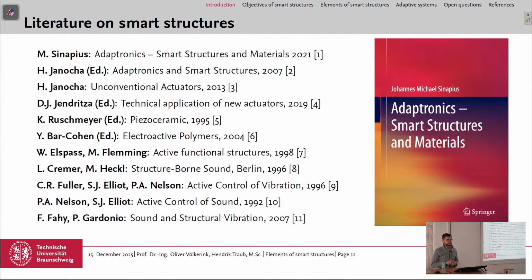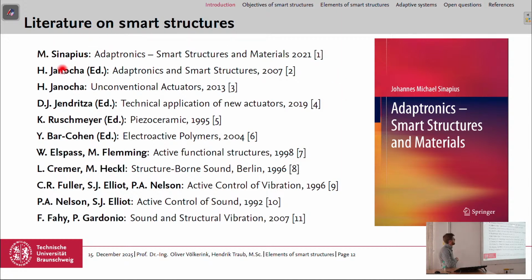I have also brought some literature notes. There is a book by Professor Zinapius, Adaptronics, Smart Structures and Materials. This course is mainly based on this book, so if you would like to look up something or deep dive into some topics, you can have a look in this book.